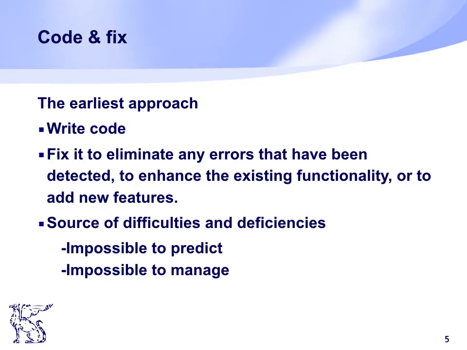Now before jumping to conventional models, we will talk about the earliest approach, that is code and fix. Code and fix is also sometimes called cowboy coding. This is the earliest approach and it is considered the simplest software development process. It is a cyclic process consisting of two major steps, coding and fixing. In this model there is usually no extensive planning or well-defined design steps.